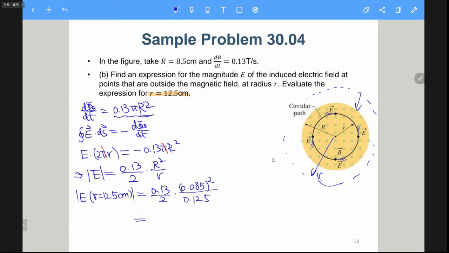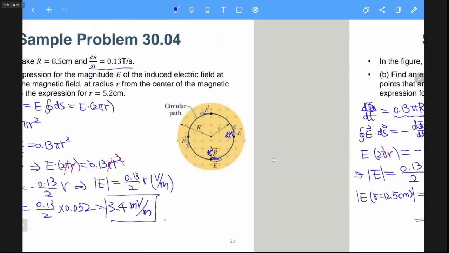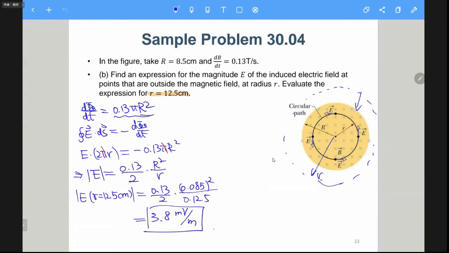This is nothing but 3.8 millivolt per meter, which is slightly larger.